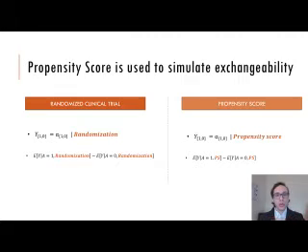Now in propensity score, what we're essentially doing is replacing randomization with the propensity score. So you can see already that in scenarios where randomization is impossible, this can be a very valuable tool to simulate what randomization can do where we're not able to actually do it.